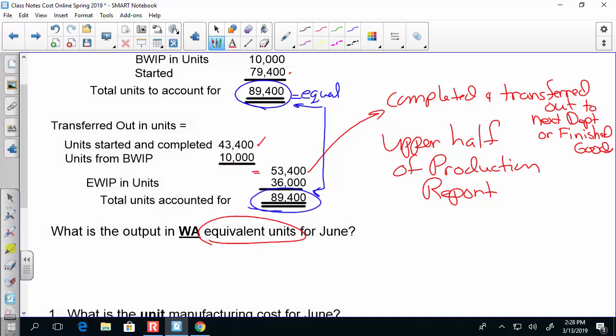They'll tell us the completed units, which is 53,400. But they may not give us the started units, and they give us the 10,000 for beginning units. We have to figure out one of the four. So you'll see that in problems, and the reason they do that is just to test your knowledge and understanding of how to get the other number.